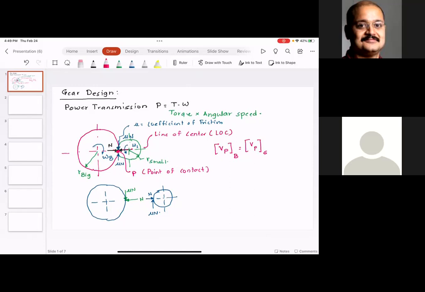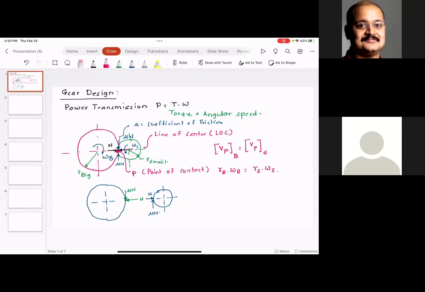So I would say velocity of P on the big wheel is radius of big wheel multiplied by omega of big wheel. Do you agree with me? Omega times R. On the small wheel, I would do the same thing: radius of small wheel multiplied by omega of small wheel. Do you agree with me?